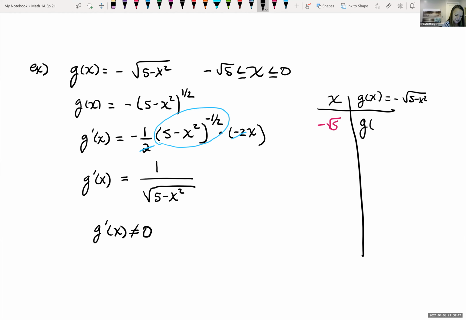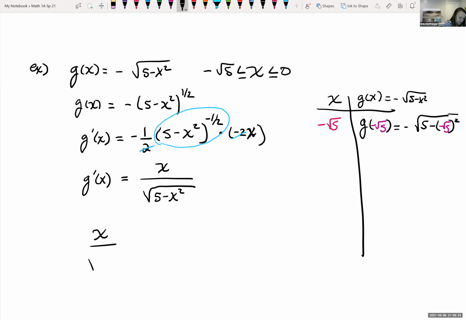So g of -√5 is equal to negative square root of 5 minus -√5 squared. Professor, there's an x supposed to be in the numerator on g prime of x. Oh, wait. Oh, you're right. Thank you. So there is a value which sets that equal to 0, right here. Trying to rush. Sorry.